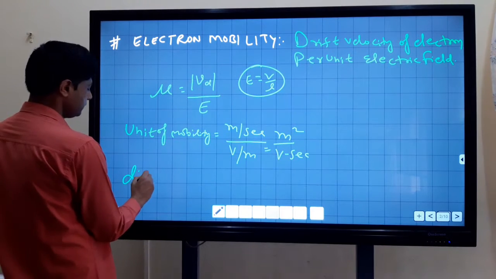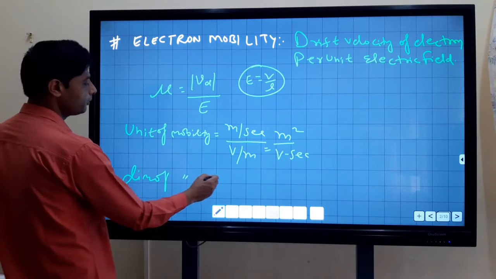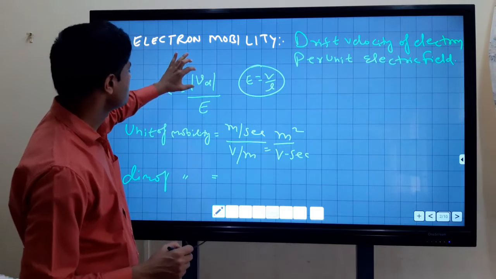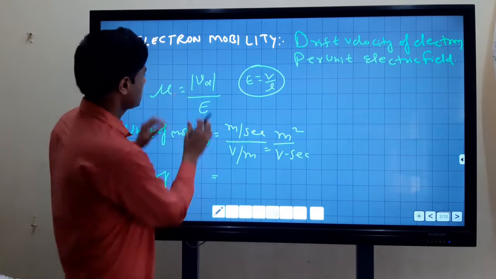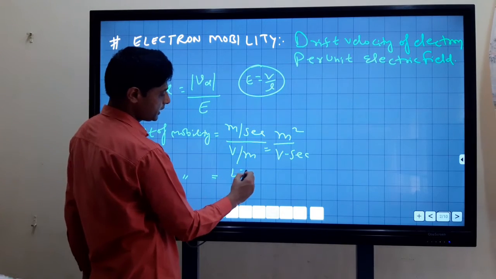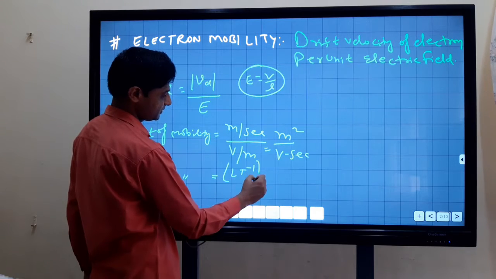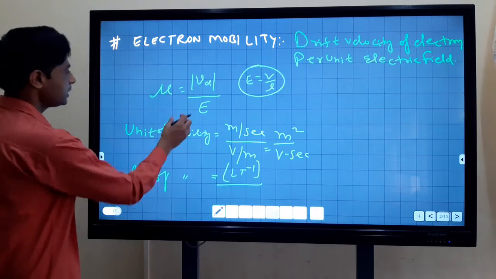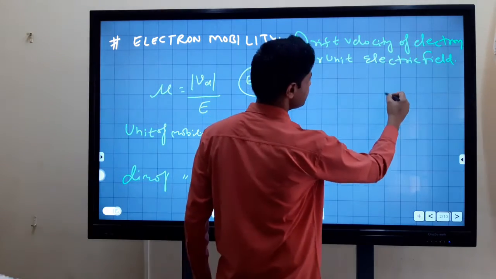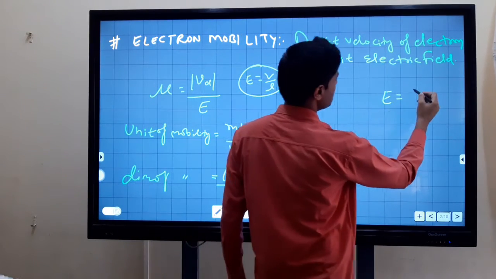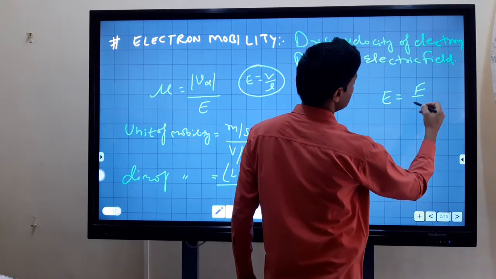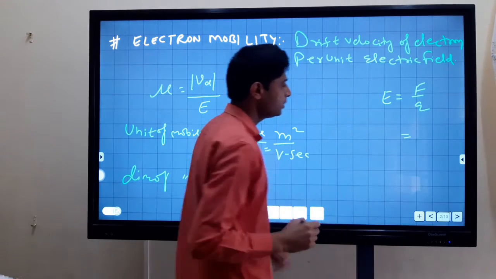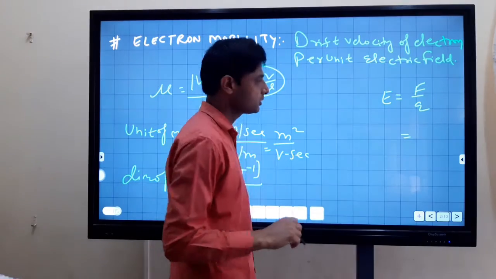And the dimension of mobility equals the dimension of velocity, L T minus 1, upon the dimension of E. As you know, E equals F upon Q, force upon charge.